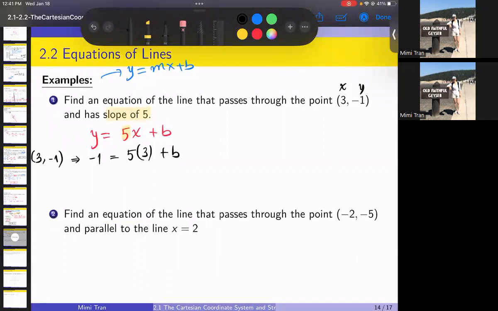Subtract 15 from both sides, b equals -16. So my final answer is y equals 5x minus 16.